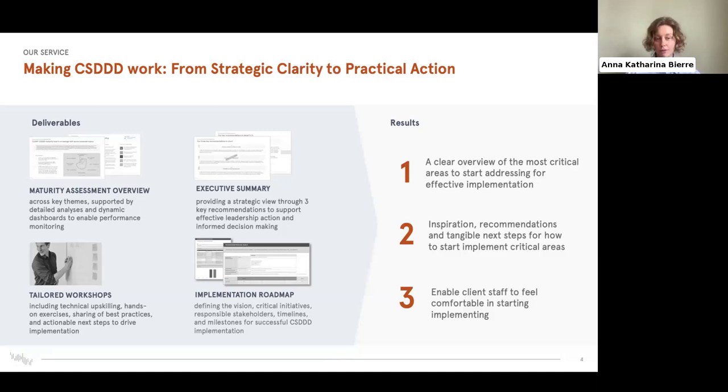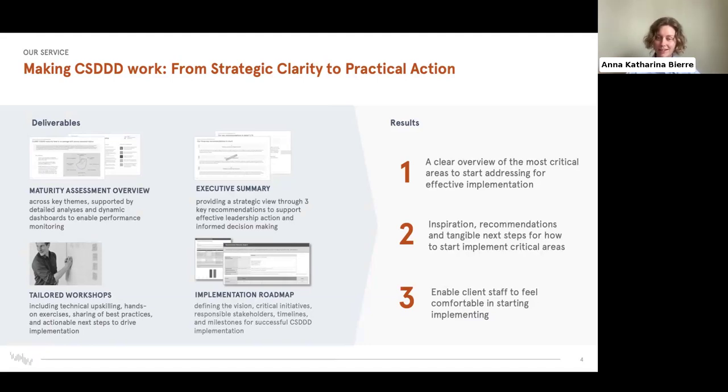As a part of this process, I'm going to go through the process in a bit more detail later. We also deliver tailored workshops that include technical upskilling, hands-on exercises, sharing of best practice, and actionable next steps to drive implementation. So that even if in this particular project we did not implement a roadmap, there are still some actionable steps that we take out of this that enable the client to move on.